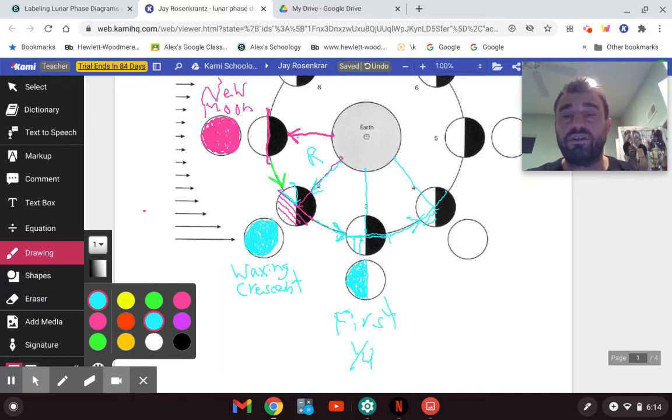So the moon's going to appear very big, but it's going to look like it's missing a little bit. Okay, so it's going to look like this. And we call this, the right is still lit. So whenever the right is lit, we call that waxing. And this shape means humpback or hunched back.